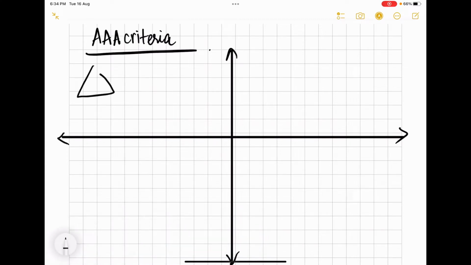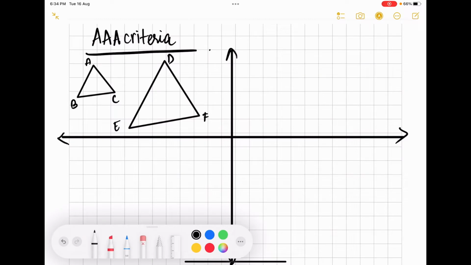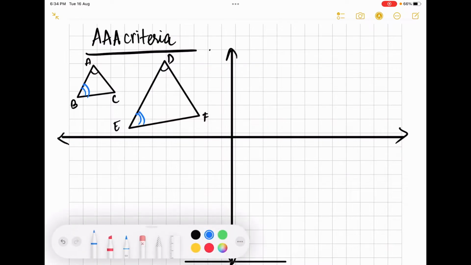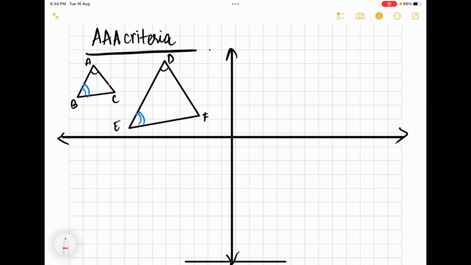Let me draw two triangles where all the three angles are equal. That is, we have angle A is equal to angle D, angle B is equal to angle E, and angle C is equal to angle F.